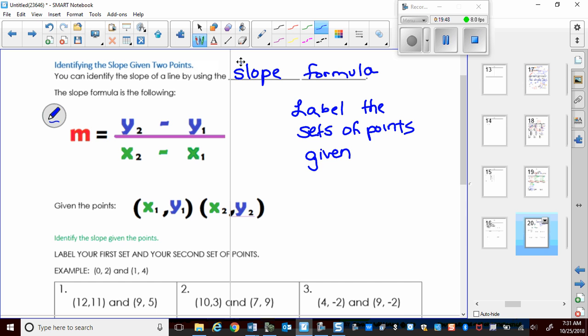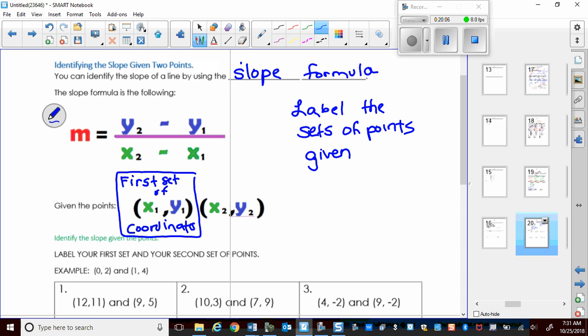Okay? Once you label them, you can figure out what is your first set of coordinates. So that's what the subscript 1 means.